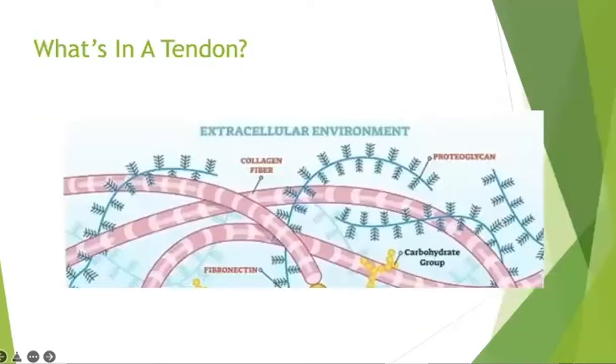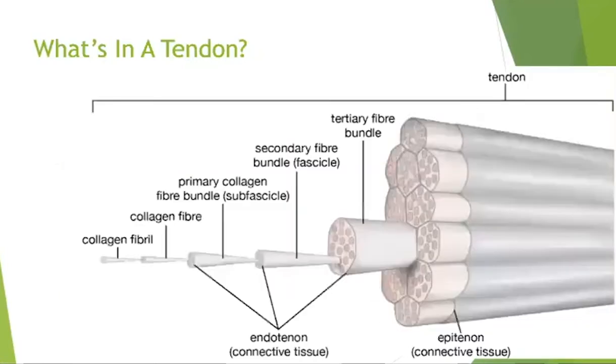So what's in a tendon? Okay, so you're looking at the tendon at a really small cellular level, and you'll see there's collagen, which is protein, carbs, and proteoglycans. So that's really at a cellular level of what makes up a tendon. So we're going to zoom out here a little bit. This tendon is a good example of a matrix in which collagen assembles into fibrils, which you can see here on the left, and they aggregate to form fibers, okay?